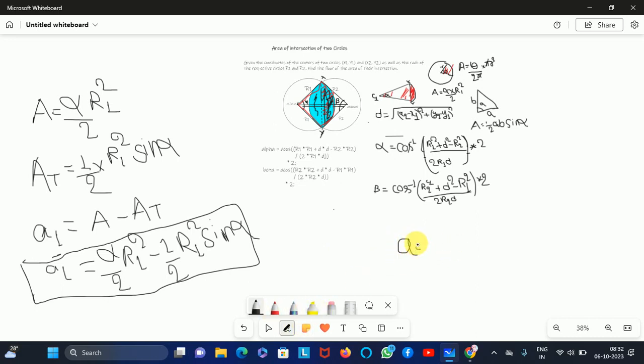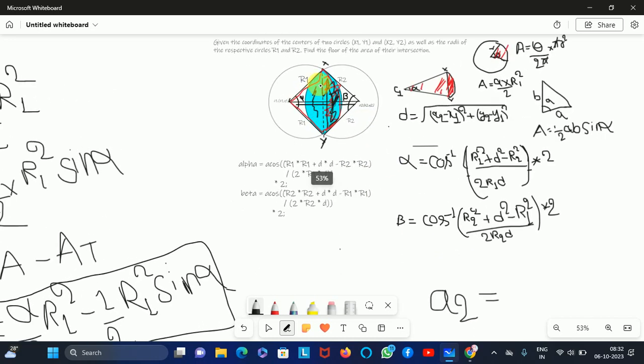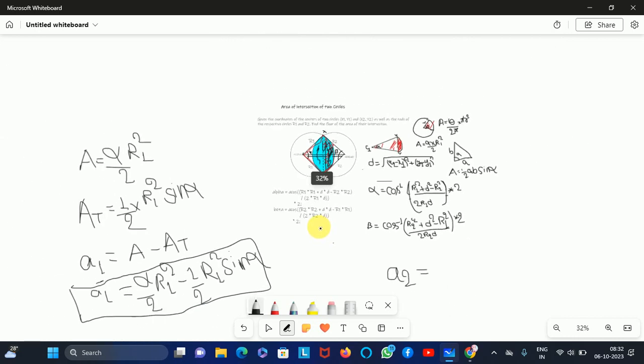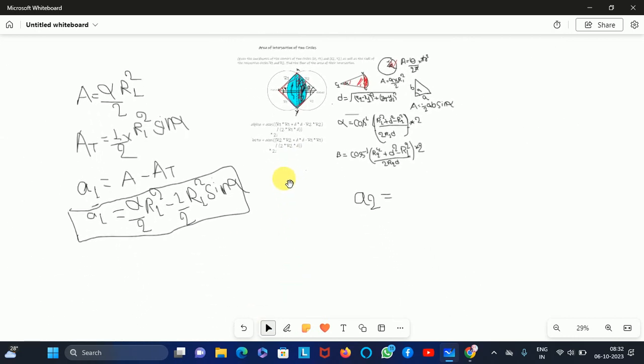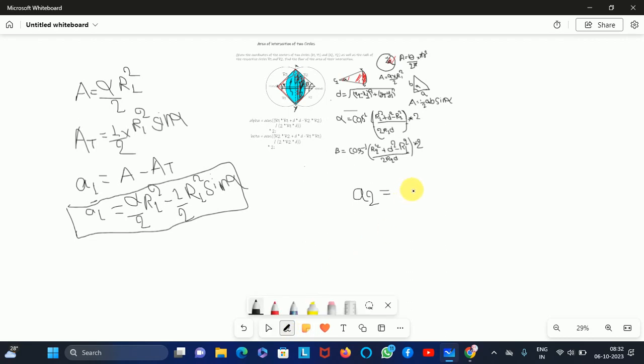Let's say the area of this half sector will be beta by 2 into r2 square minus half r2 square into sine alpha.